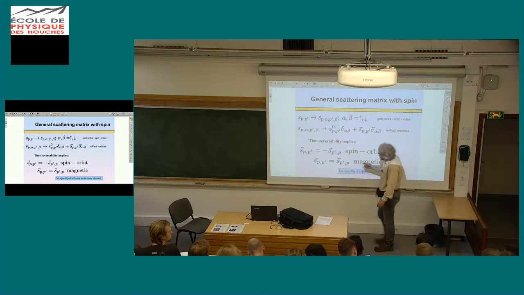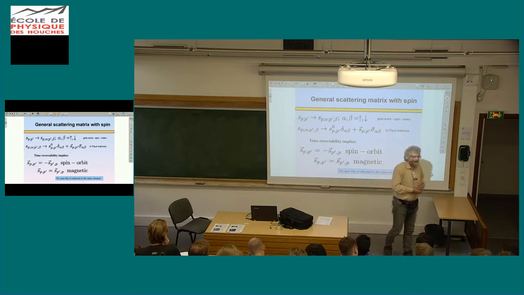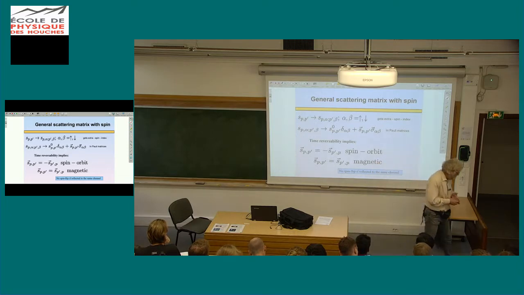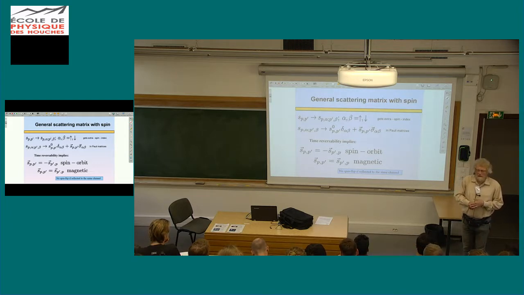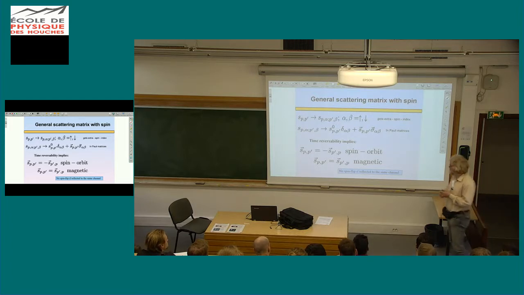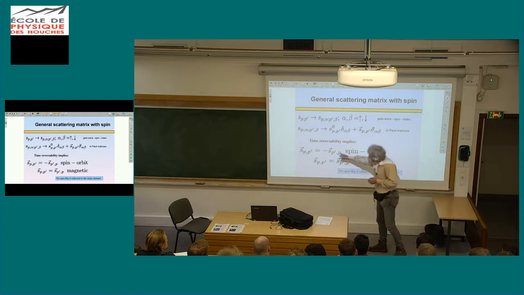That implies that this matrix is asymmetric in indices. In particular, there is some strange rule which seems to be too dogmatic to be true. Nevertheless, there is no spin flip if the scattering is within the same channel, owing to asymmetry of this matrix.